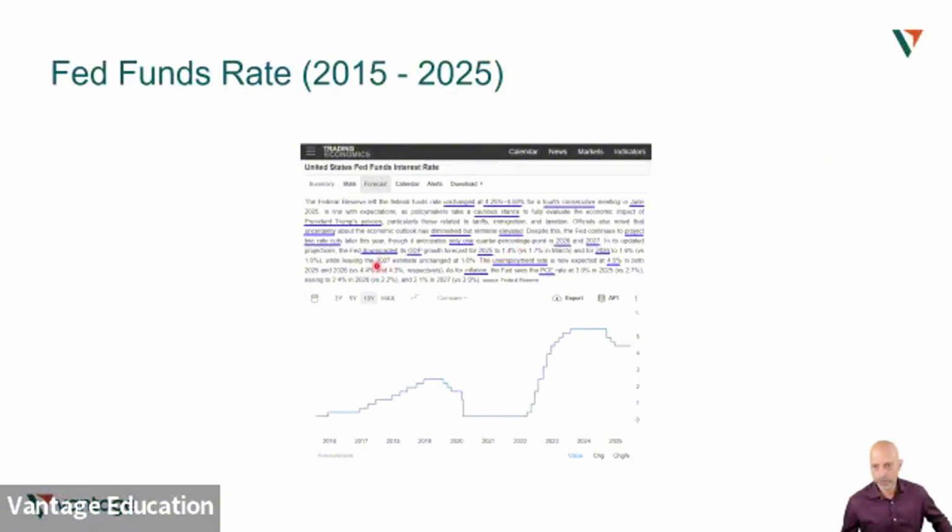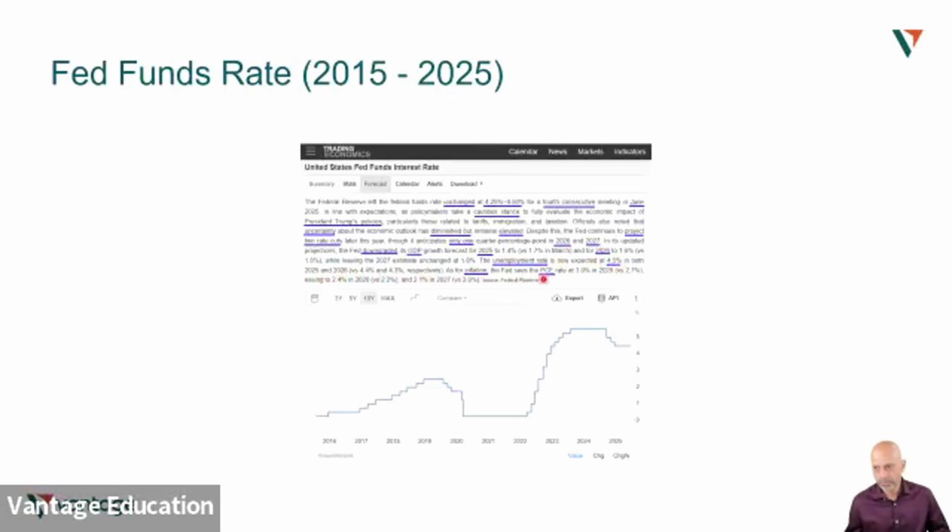Now, they've also downgraded their GDP forecast for 2025, down from 1.7% to 1.4%, and for 2026 as well. The unemployment rate is projected to be higher in 2025 and 2026, now currently sitting at 4.5% versus 4.4 and 4.3% based on previous projections.